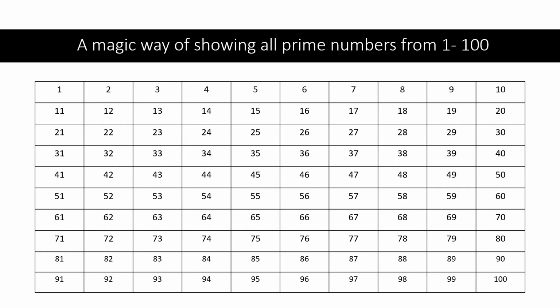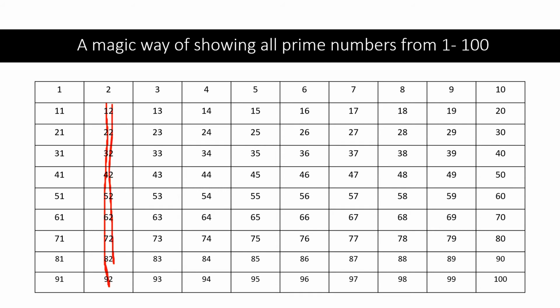2 is a prime number. So we will color all the cells which contain multiples of 2. Multiples of 2 means the numbers 2 can divide. And we know the divisibility rule for 2, that the last digit must be 0, 2, 4, 6 or 8. So let's color all those cells which contain multiples of 2.